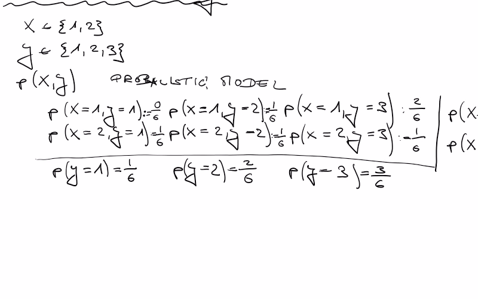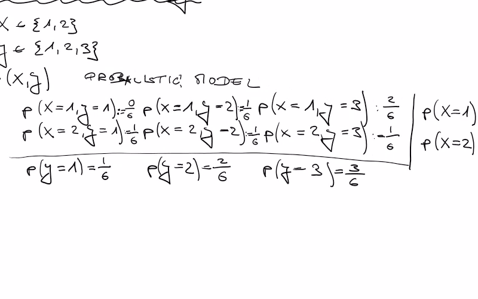Now, in probabilistic models, one is also interested in conditional probabilities. That is the probability distribution of a random variable given that the other random variable takes on a specific value.